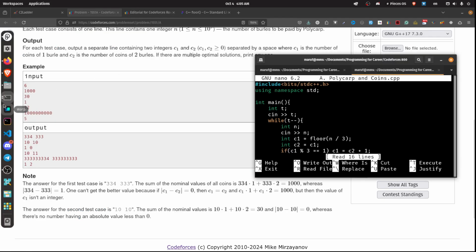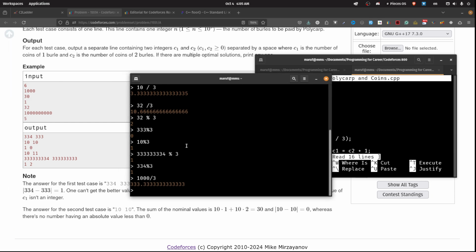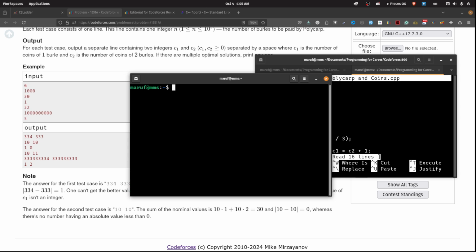Let's test something with the test cases value. For example, 30 modulus 3 equal to 0. So in this case I have to print both values the same. Fine, then 32 modulus 3, I get 2.